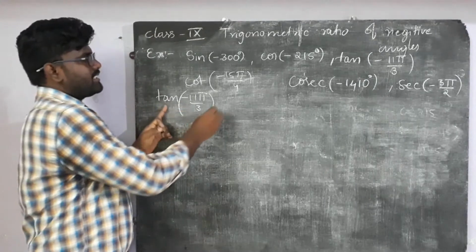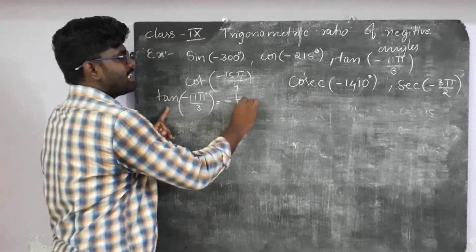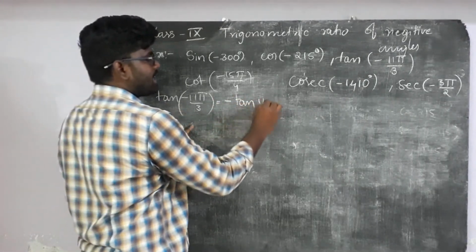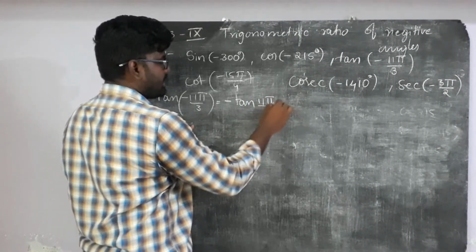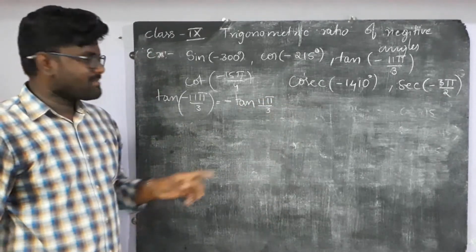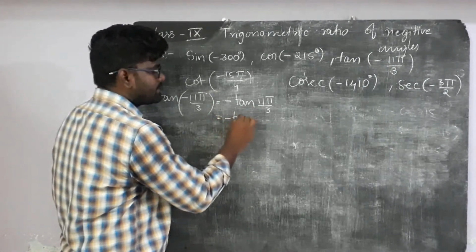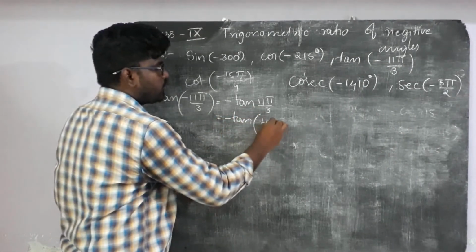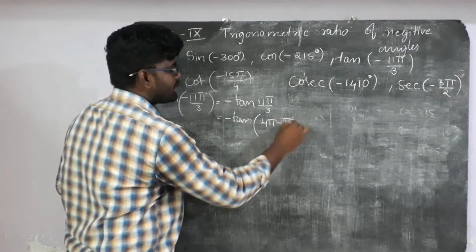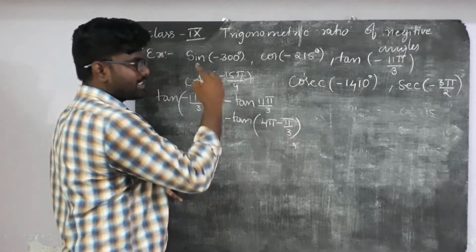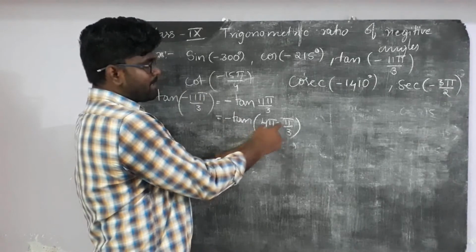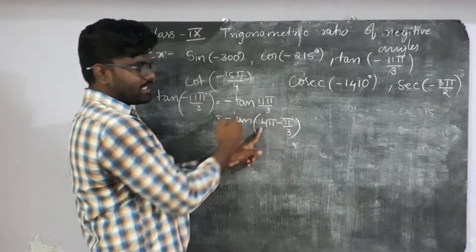Tan minus theta is equal to minus tan theta. Tan theta means here 11 pi by 3. Can I write it like this: minus tan of 4 pi minus pi by 3? When you take the LCM, it becomes 12 pi minus pi, so 11 pi by 3 we are getting.